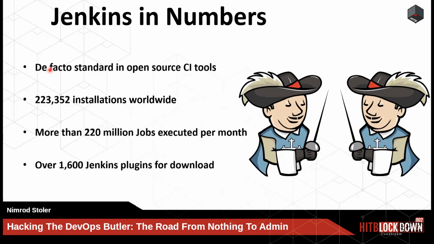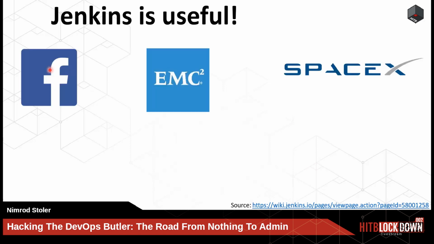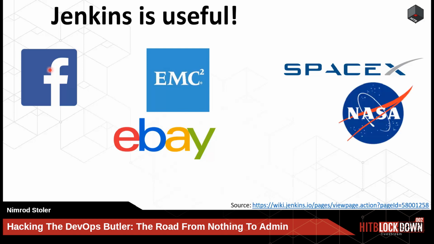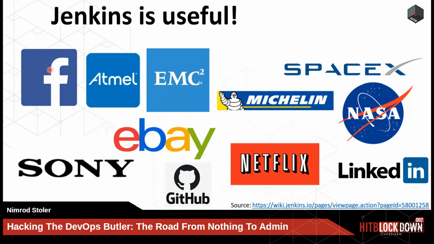All of them are open source code and available for download from the Jenkins plugins website for almost every tool and customization around. Jenkins is used at the heart of the development stack of very large companies we all know, such as SpaceX, Facebook, eBay, NASA, Sony, Netflix, LinkedIn, Michelin, GitHub, Atmel, and even Nintendo.